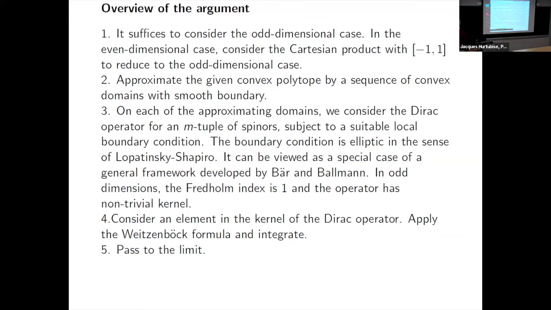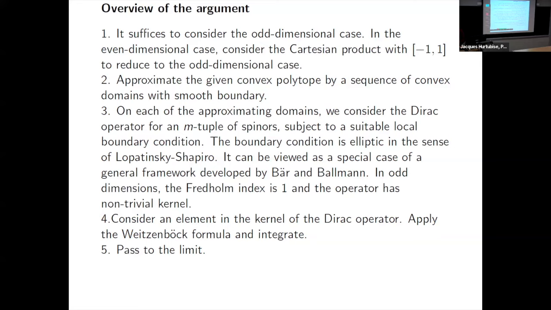The first reduction is that it's enough to consider the odd-dimensional case. It's because if you can handle odd dimensions, then to handle even dimensions, you just look at a Cartesian product with an interval, and then you apply the result one dimension higher, and that will imply the conjecture in the original dimension.